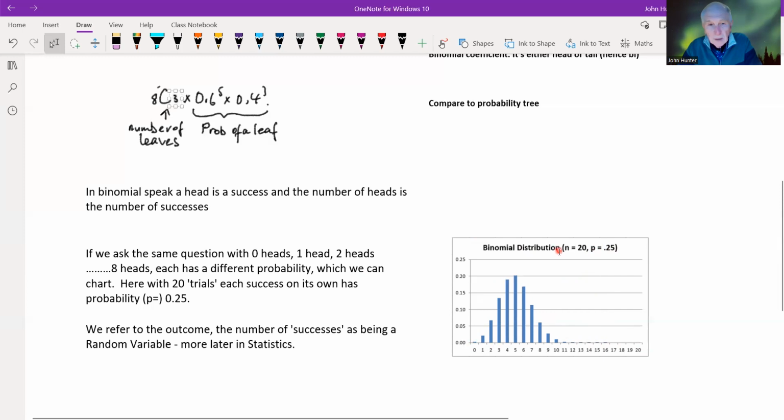So this is the binomial distribution, and it represents the probabilities of successes, which we can apply to coin flipping, balls out of bags with replacement, and various scenarios.